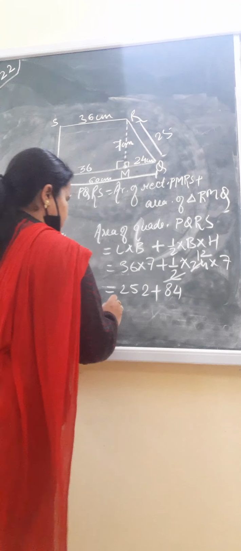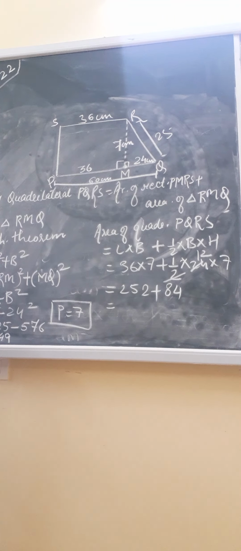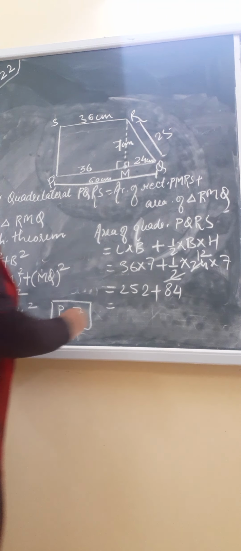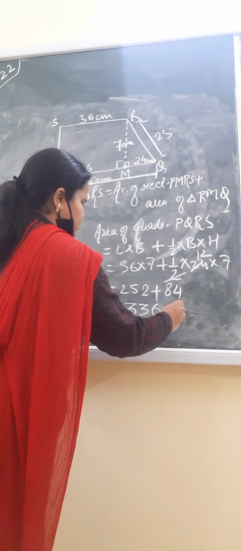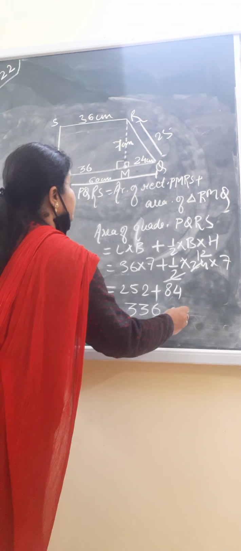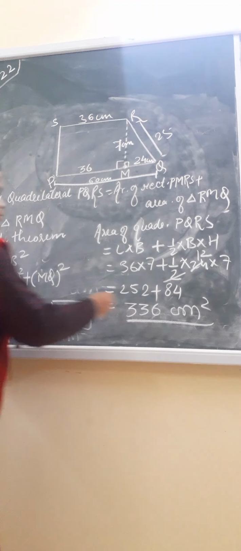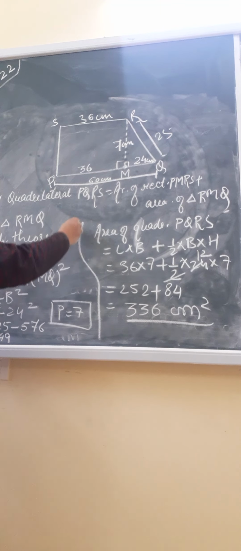What's the sum? 336. Unit? Centimeter square. So this is the total area of the quadrilateral PQRS.